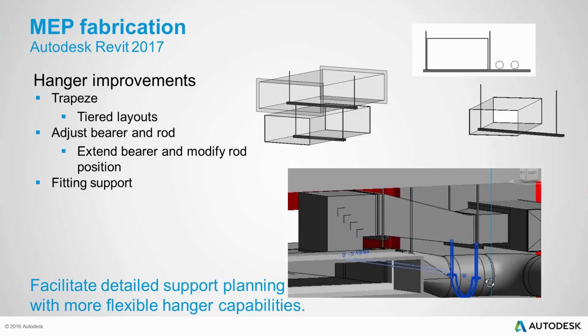The one other enhancement is that you can now place a hanger in free space. So if you expect something to be present there that will support that hanger, you can create that hanger as a representative. It doesn't have to be attached to something.